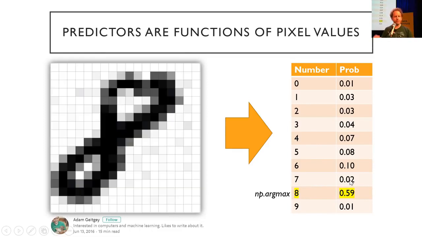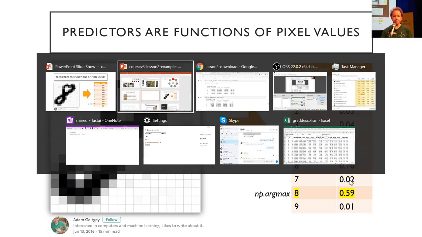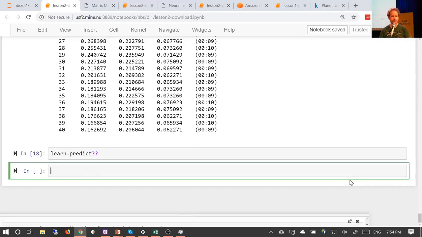Does that make sense? In fact, let's try it. So we know that the function to predict something is called learn.predict. We can chuck 2 question marks before it or after it to get the source code.